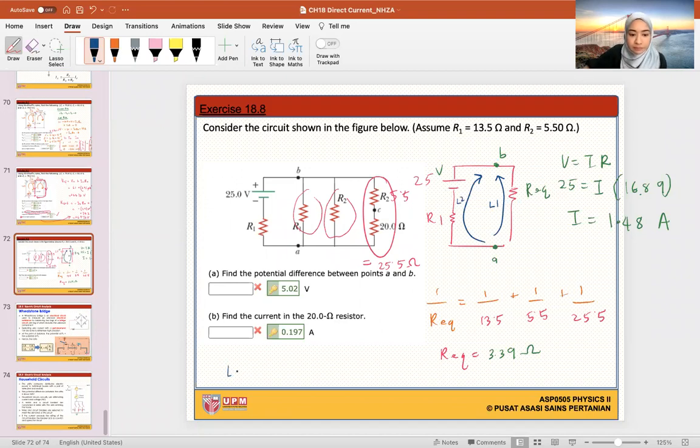Okay, so line 1, we are looking from A. Sorry, I forgot to mention the I flows from here. When we use V equals IR, it should follow the conventional current flow. So our I flows from the positive to the negative. So this is our I, 1.48. I'm going to repeat myself. When we use the equation V equals IR for a simplified circuit, our V is from the battery and our R, we use the total R from the circuit.